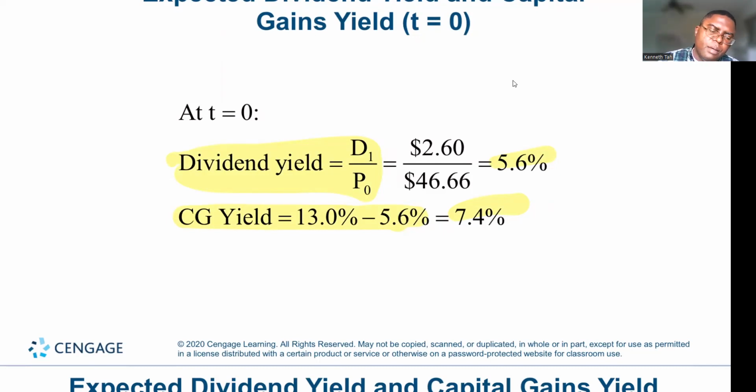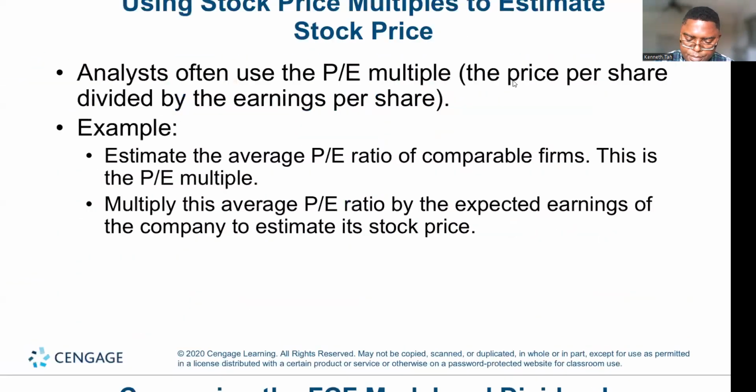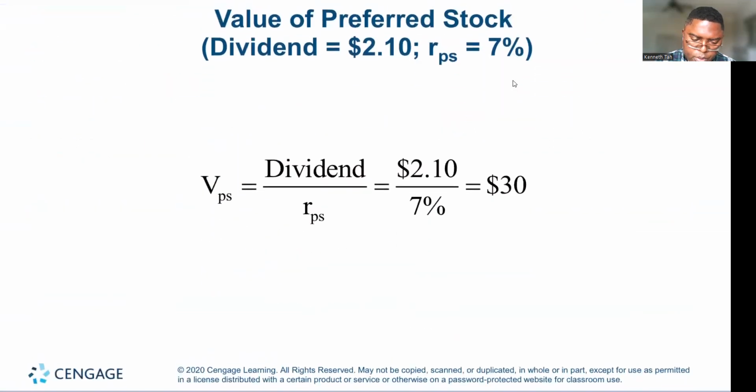So one thing we know about preferred stock is that it is a fixed amount because it has this bond characteristic. It's a fixed amount that is being paid period after period after period. The amount is fixed, which means that the growth rate is zero.